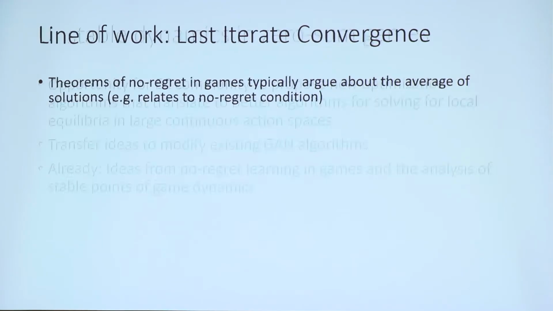So one line of work trying to address this problem is essentially trying to solve the following theoretical problem. Can we find algorithms that have last iterate convergence in zero-sum games? Can we find gradient, first-order dynamics in zero-sum games so that if both players employ this type of first-order algorithm, then not only the averages of the strategies converge to an equilibrium, but the last solution converges to an equilibrium?